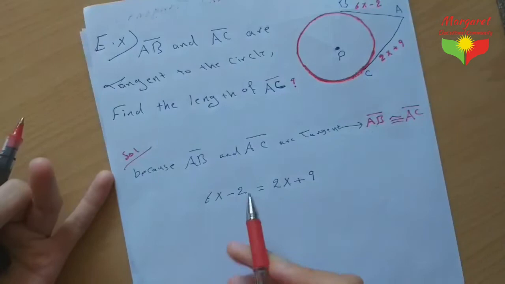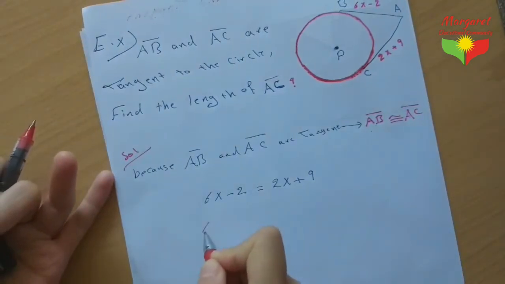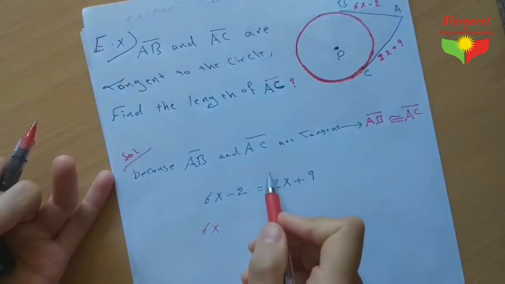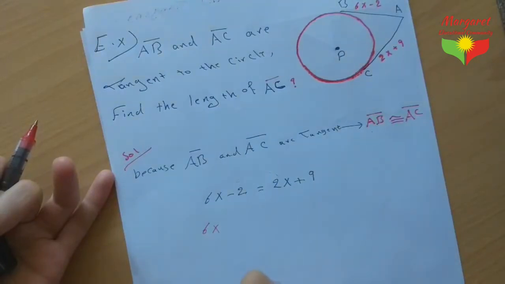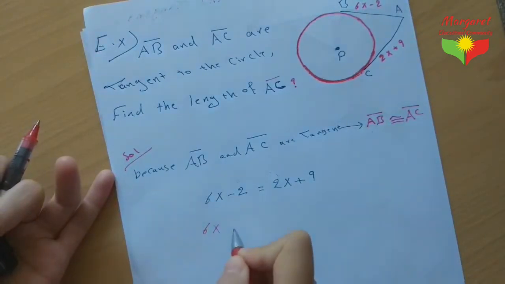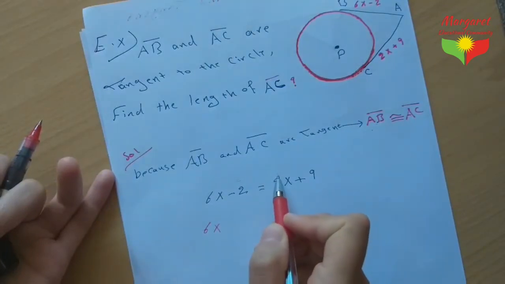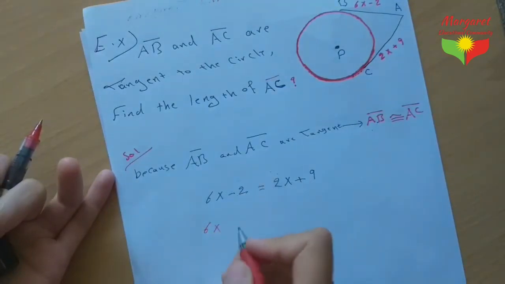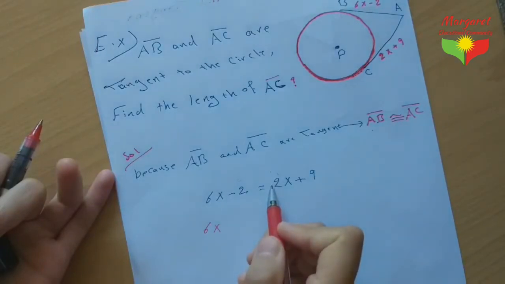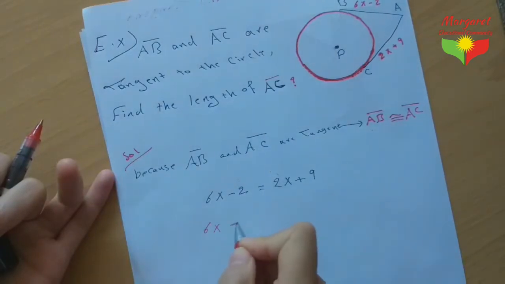So 6x, moving 2x from the right to the left, the sign changes from positive to negative.